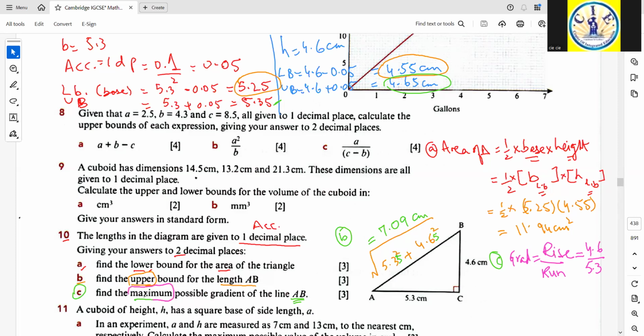Maximum value would be there if the numerator is maximum but the denominator is minimum.